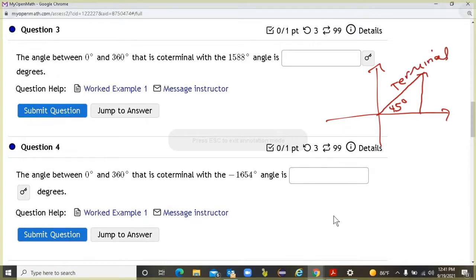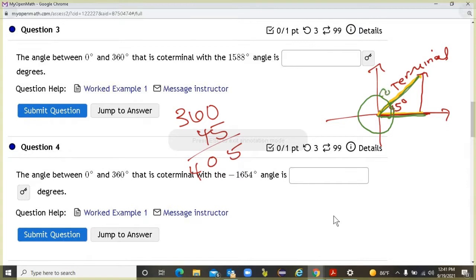Okay, so the angle is this part right here. So notice if I were to go, say, 360 and 45 makes 405. If I were to start here and go 405 degrees, then my terminal side would end up in the same place. So these are called coterminal.